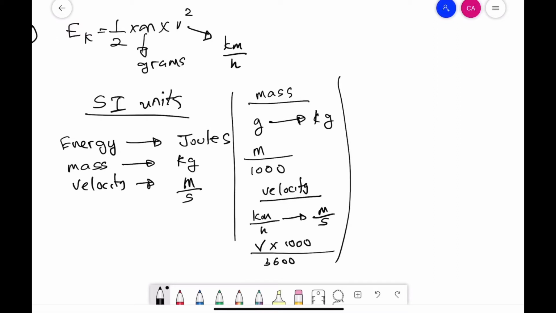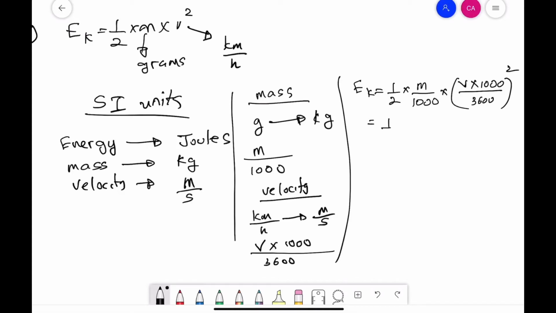And now if we substitute everything into the energy equation, we'll get half m over 1000 times v times 1000 over 3600, squared.